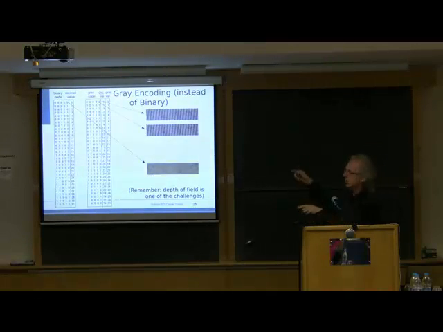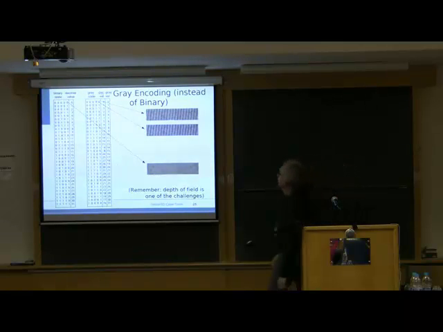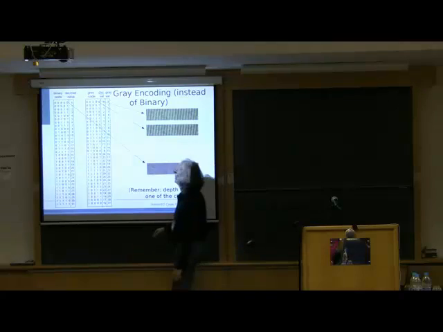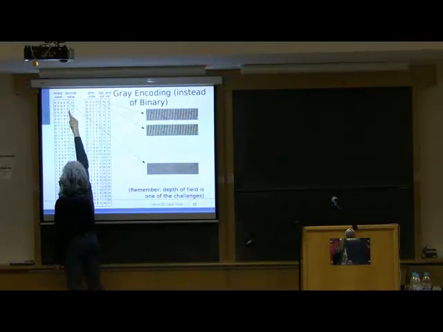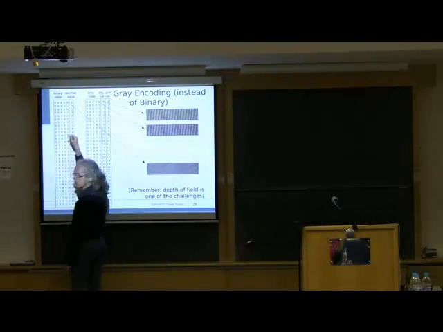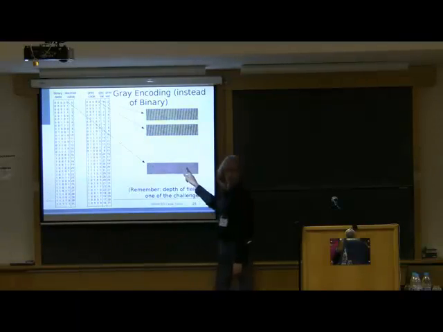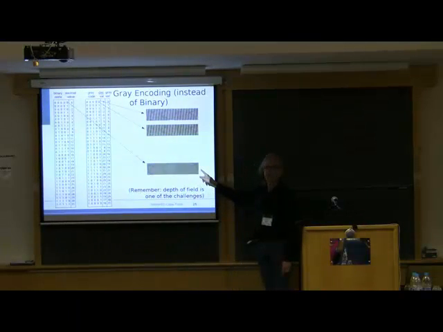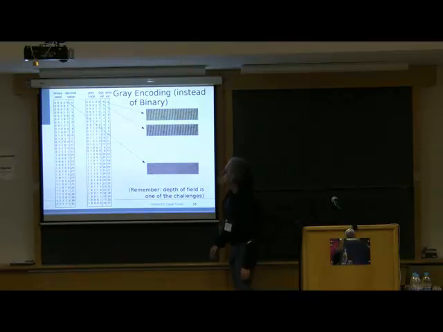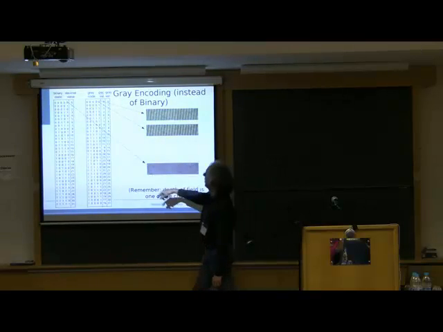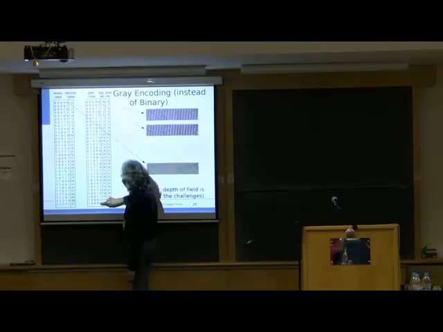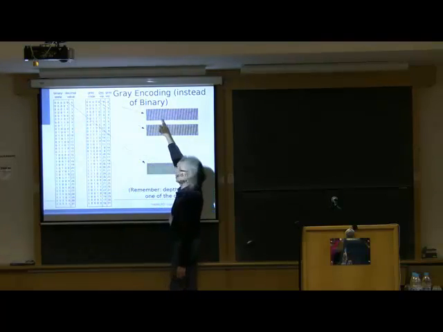Okay, so coming back to this gray encoding thing, because of the depth of field, the highest frequency pattern by binary encoding, well, it's this one, 0, 1, 0, 1, 0, 1, 0, 1. It comes out like this. Very, very bad. The next one, or the ones over here that go 0, 1, 1, 0, 0, 1, 1, 0, 0, they're already much better.